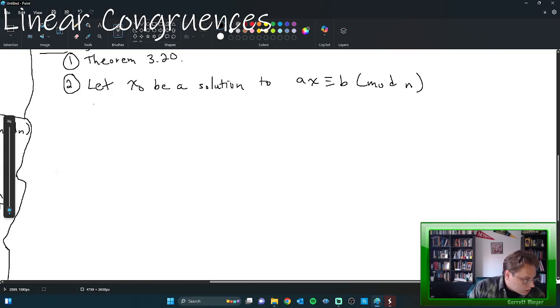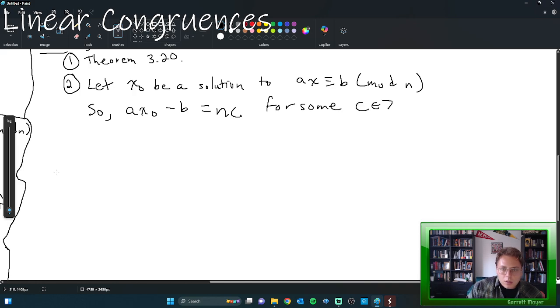So ax naught minus b equals nc for some c, and then we're going to let y naught equal c, or negative c. So ax naught plus ny naught equals b.